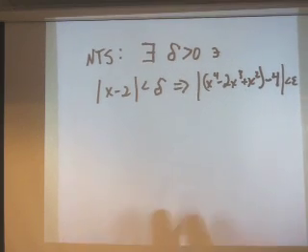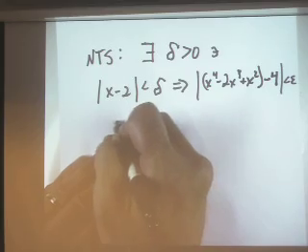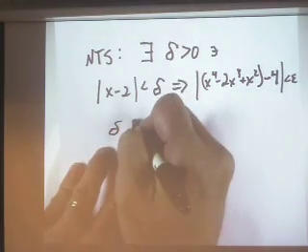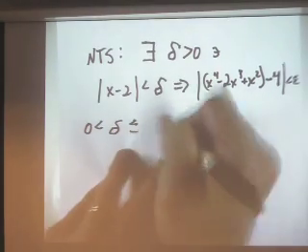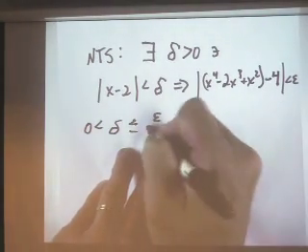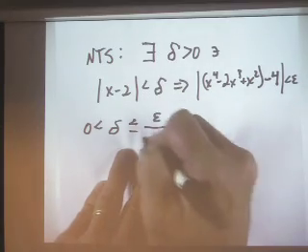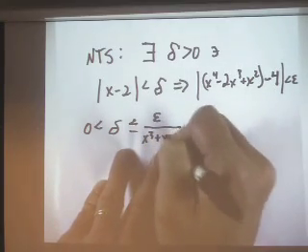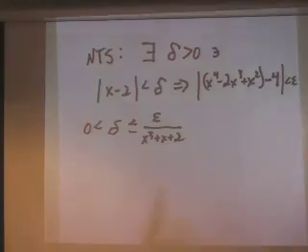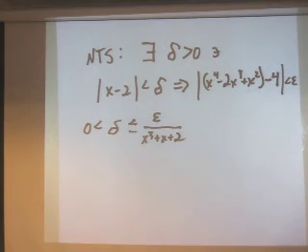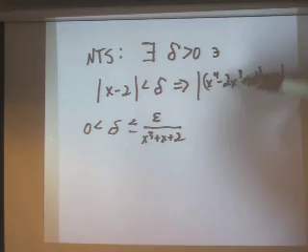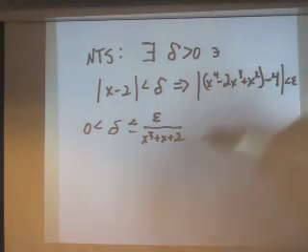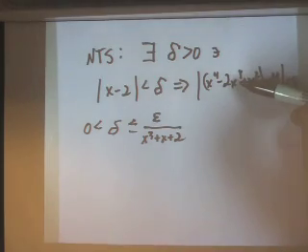Okay. Well, what if delta was greater than 0, so that it's positive, but less than or equal to an arbitrary choice for epsilon divided by x cubed plus x plus 2? So wow, where'd you get that? Well, it'll probably become evident as I work further where this came from, but this is a factor of the polynomial. It's a cubic factor that divides evenly into this polynomial.